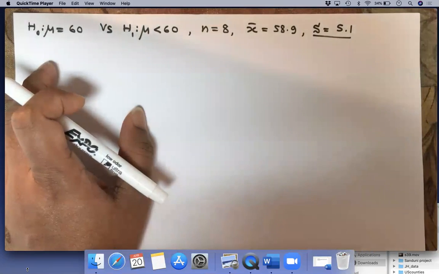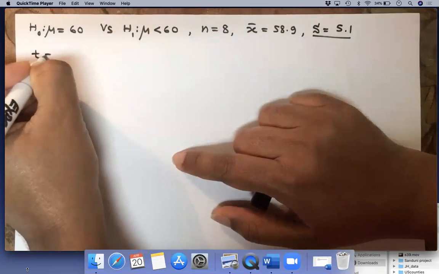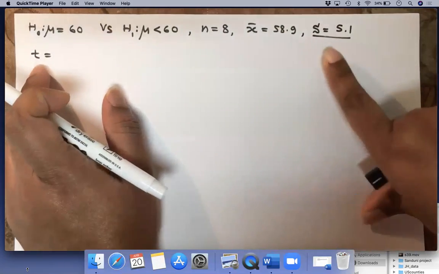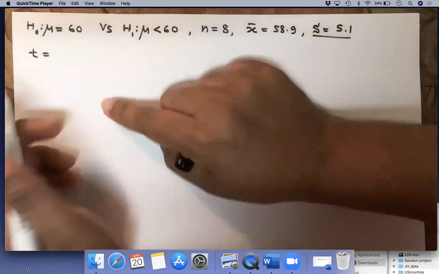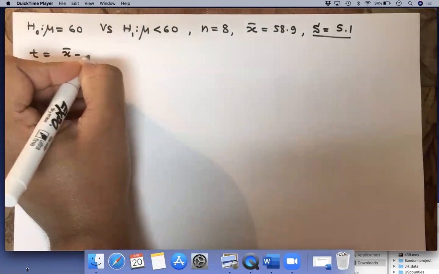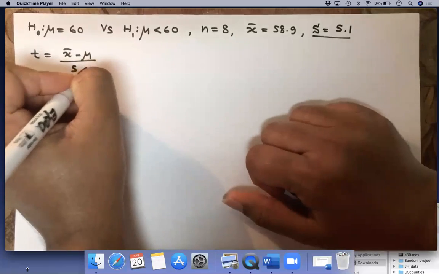Use that formula, 41. I will write the formula. It's the T formula, because we don't know sigma, we know only S. So T is X bar minus mu divided by S over square root of n.